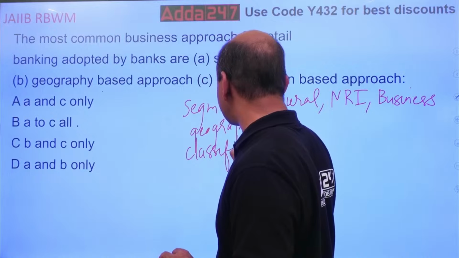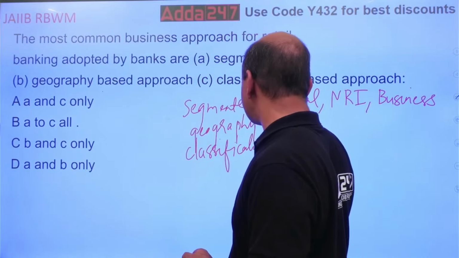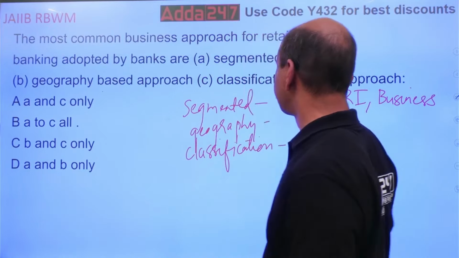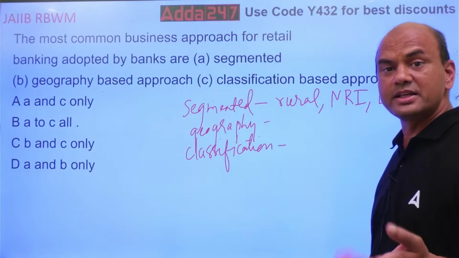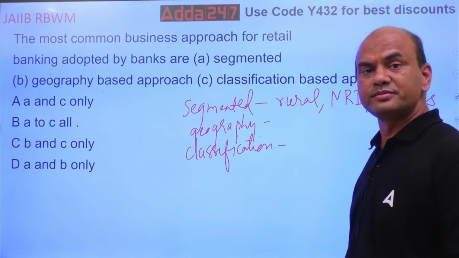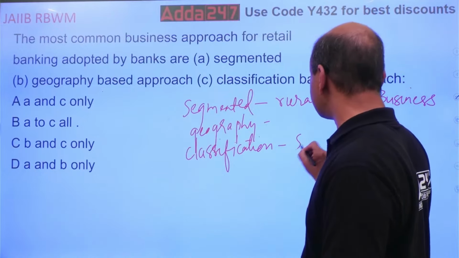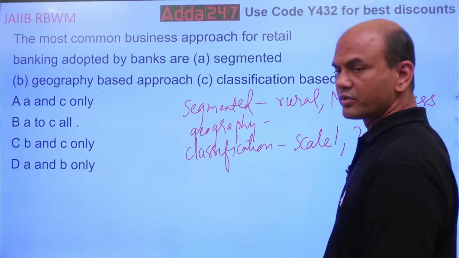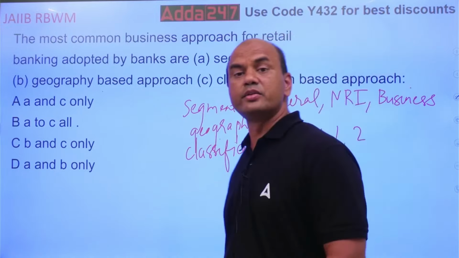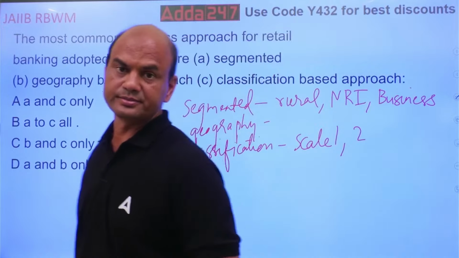This is generally followed in the nationalized banks. This is a scale 1 branch, scale 2, 3, 4, whatever it goes on. That is known as classification based.